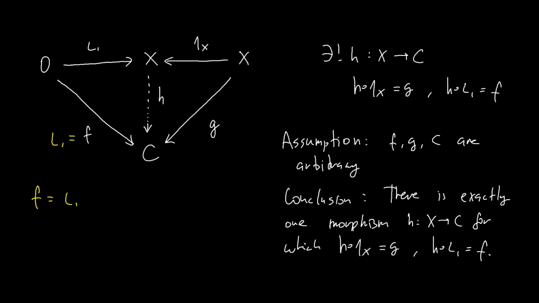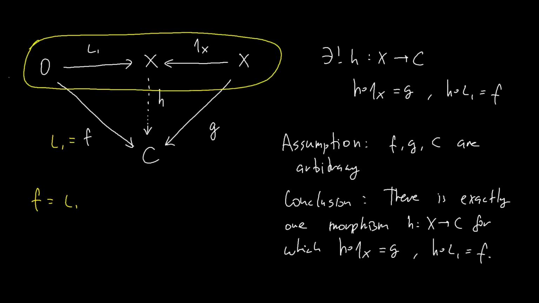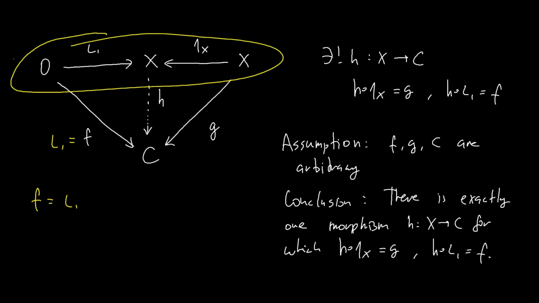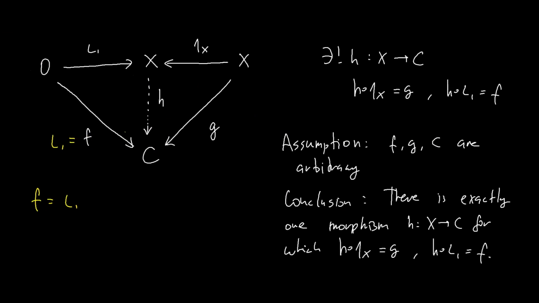So we're trying to establish that if I take two objects, initial, one of them, and another object X, that this diagram will definitely be a sum of 0 and X. So I want to prove that. Hence, I need to check that the definition of sum works in the case of this diagram, right? What does the definition of sum say? If I have another similar diagram, there must be a unique H fulfilling these identities. So that's what I want to prove, that such H exists and is unique.